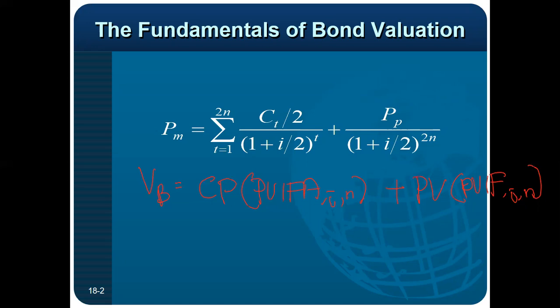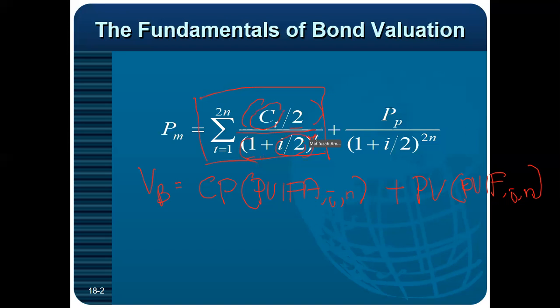So here, what it shows is the summation of coupon payment divided by 2. Then this answer you divide by 1 plus I divided by 2, and you raise it to the power of the years.